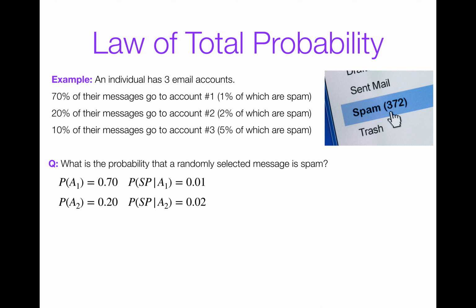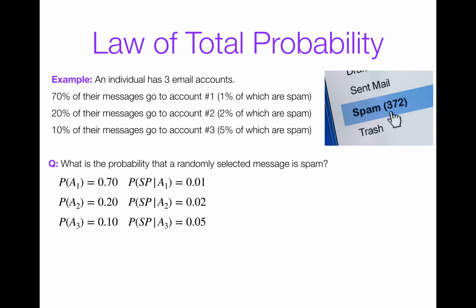We know the probability that a message is spam given that it was from account 2 is 2%. We know the probability that a message goes to account 3 is 10%, and we know the probability that a message is spam, given that it was from account 3, is 5%. So that was just me rewriting those 6 statements as 6 probability statements.